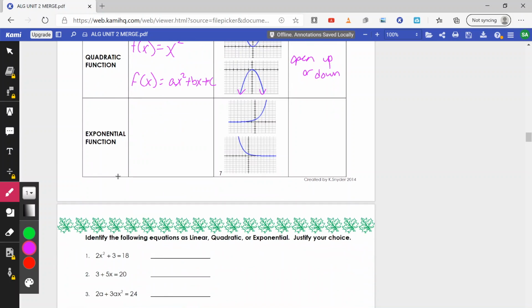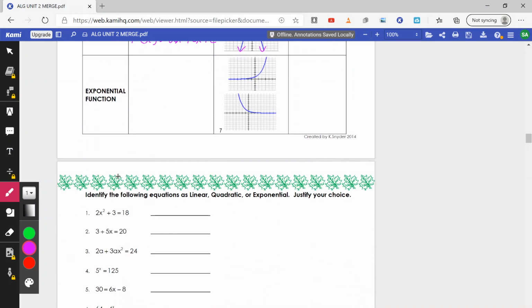And the last type of function we're going to look at is exponential. So exponential function, f of x. In this case, x is the exponent, so some number raised to the power of x. And what it looks like is we have a gradual increase followed by a steep increase.